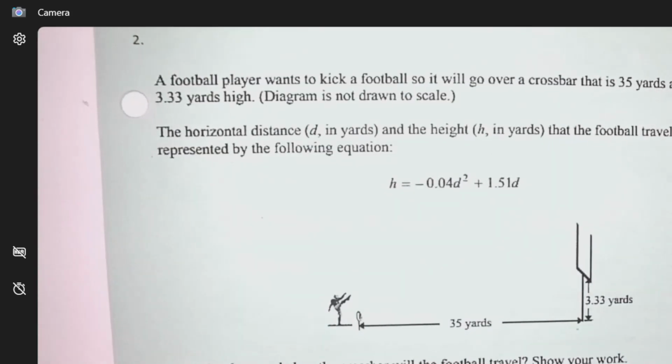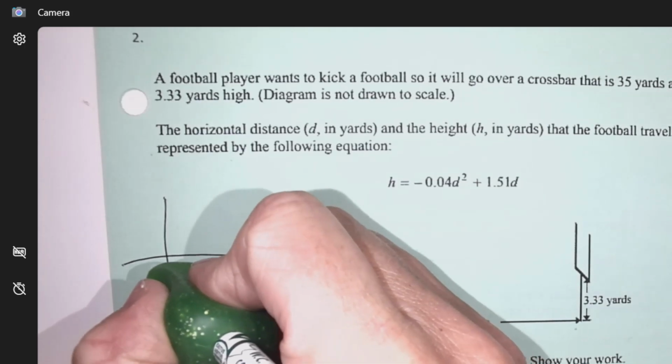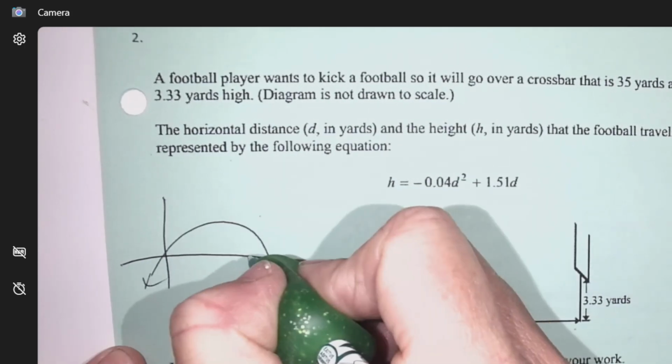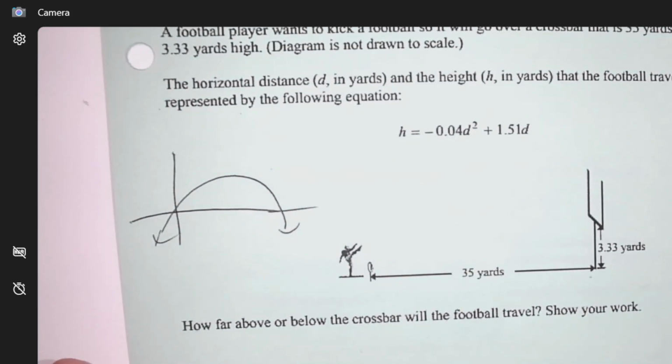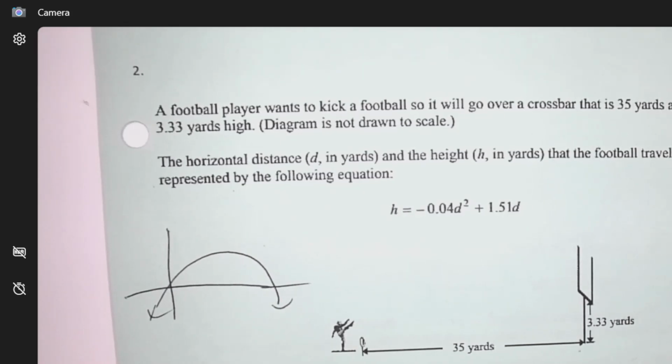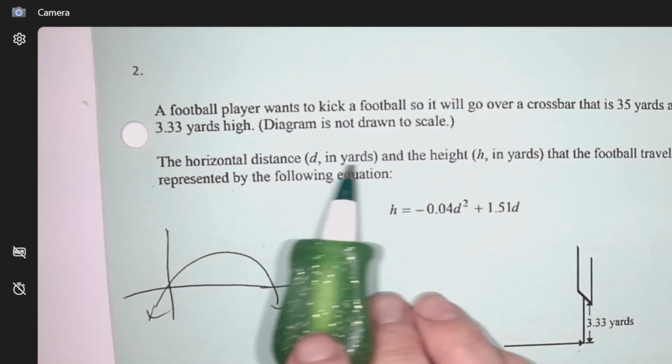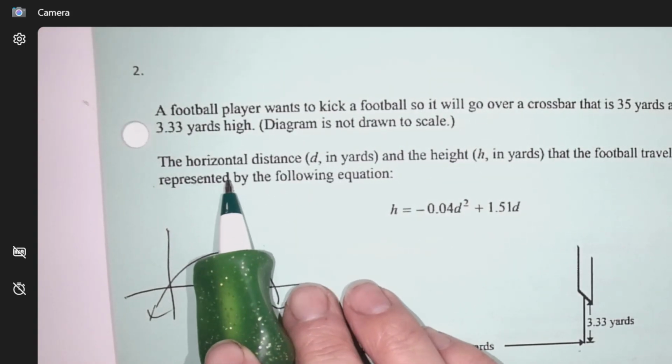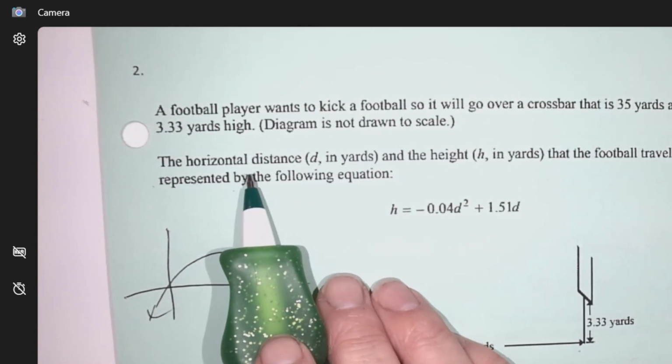Okay, let's talk about variables. What is the x variable? What is the y variable? In a word, what is the x variable? It gives it to you here, it tells you. What is x?